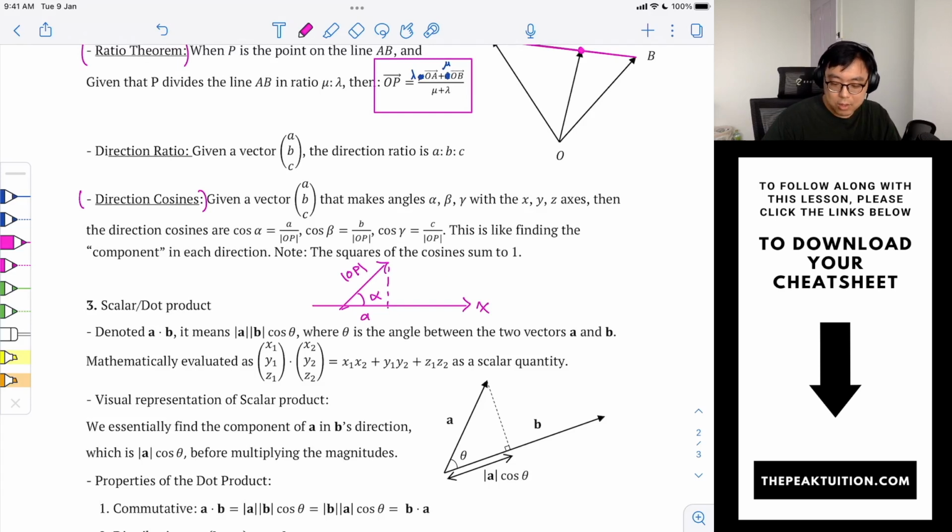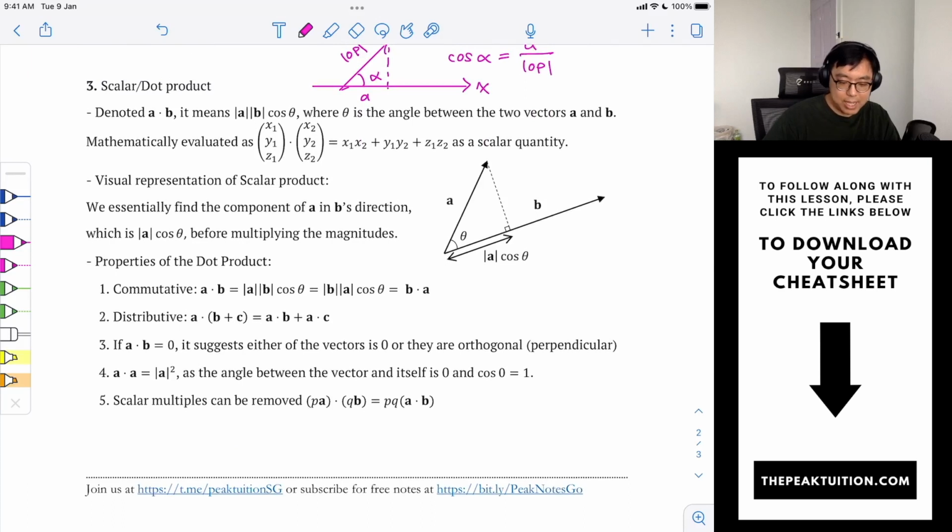So we can see that cosine alpha is A divided by the magnitude of the whole vector. In a sense, the direction cosine is just telling us how much of the vector is in each component. Because it tells us how much of the vector is in each component, they must add to 1 if we apply the Pythagoras theorem.